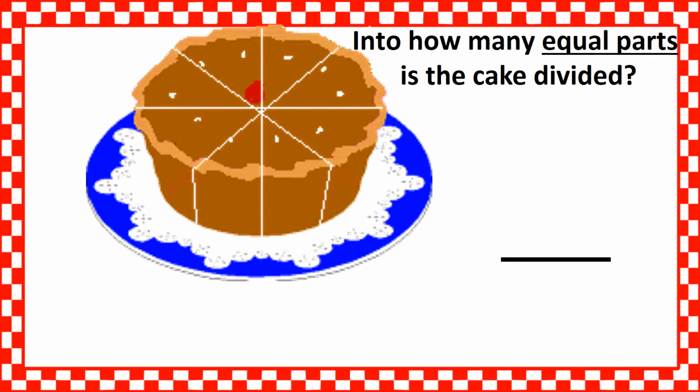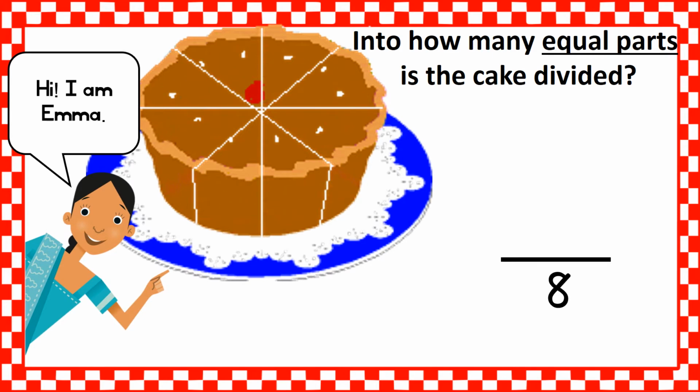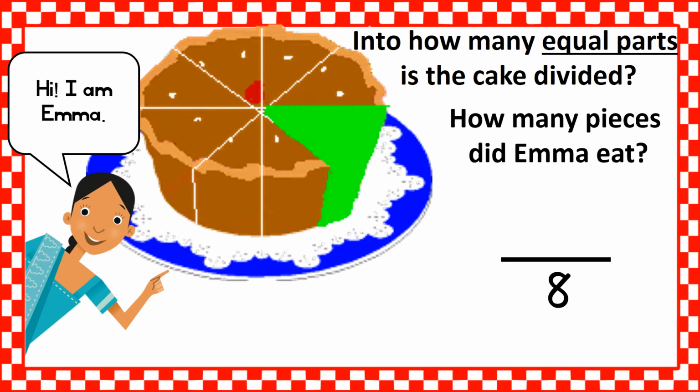Into how many equal parts is the cake divided up into? Quickly count. 1, 2, 3, 4, 5, 6, 7, 8 pieces. Hi, Emma. Emma, 8? One of those pieces.